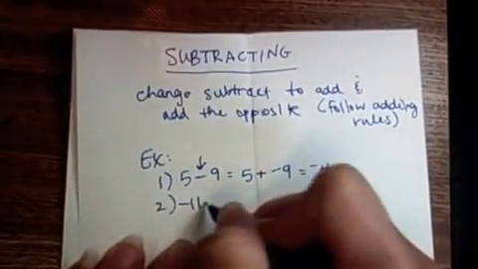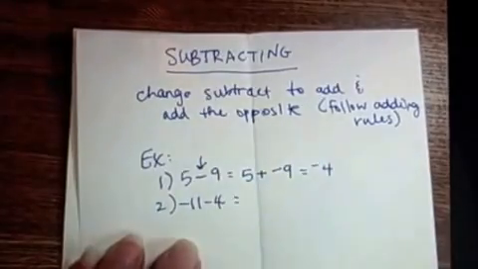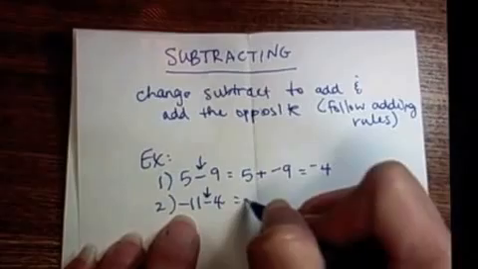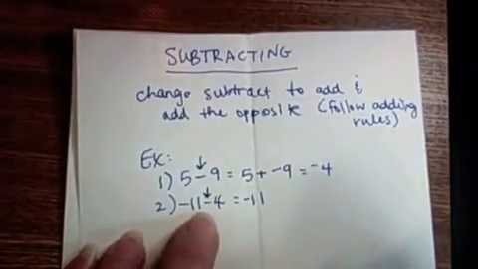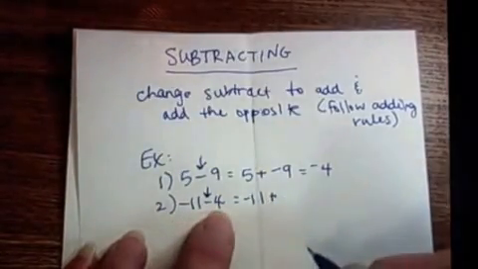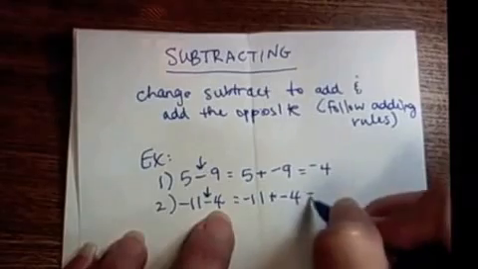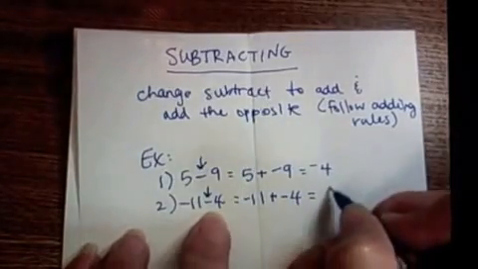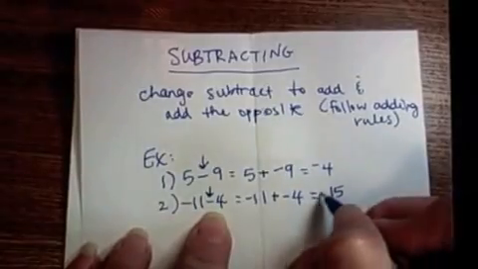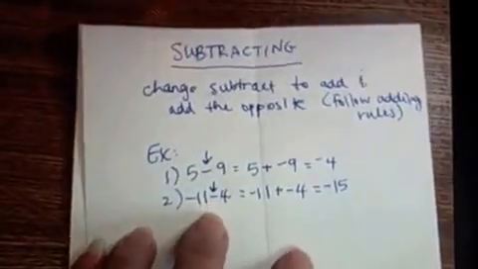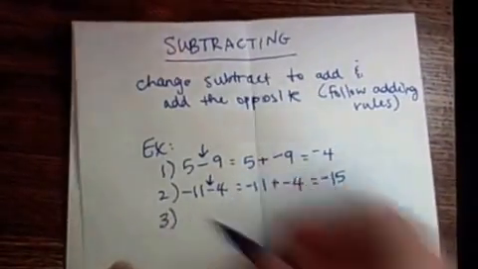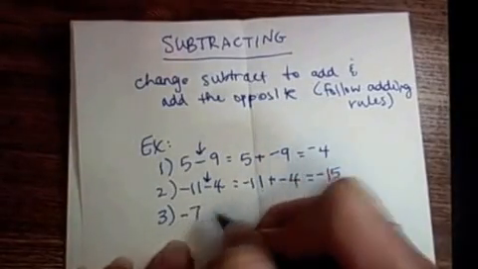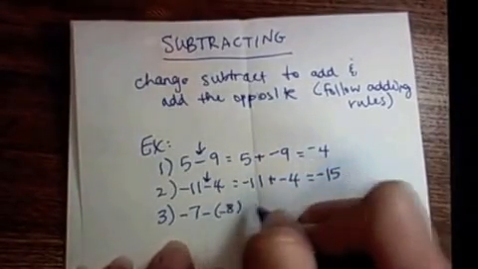Negative 11 minus 4. Again, this is a subtraction problem, so we're going to write down the negative 11. That does not change. The minus turns to a plus, and the 4 turns to a negative 4. These are the same signs, so we're going to add the numbers to get 15 and keep the sign of negative. Let's try another example. We have negative 7 minus negative 8.